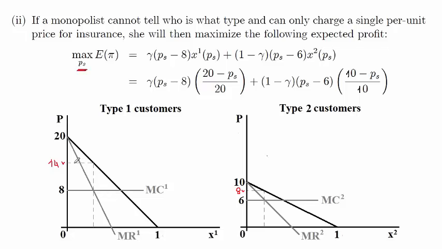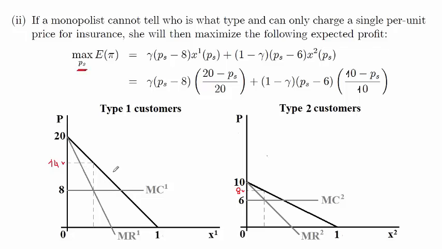Well, apparently, if there are more type 1 customers, I'm going to put a lot of weight on type 1 customers' profit. And if my weight is bigger, so the greater the weight for type 1 customers, this price is going to be closer to 14.